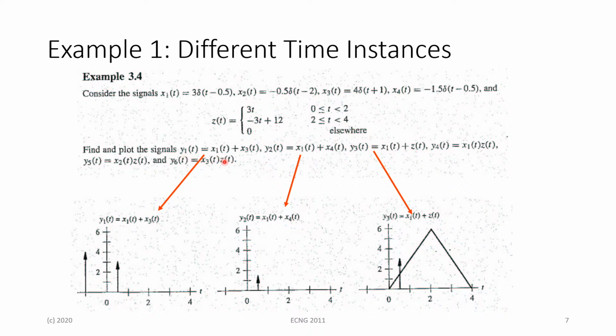So for our y1 signal here, because we have x1 and x3, x1 is basically 3 delta of t minus 0.5. And this basically means that because it's t minus 0.5, it occurs here at t equal to 0.5, and it has a magnitude of 3.